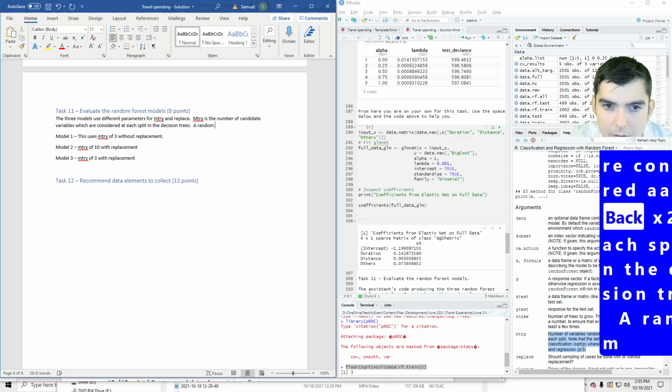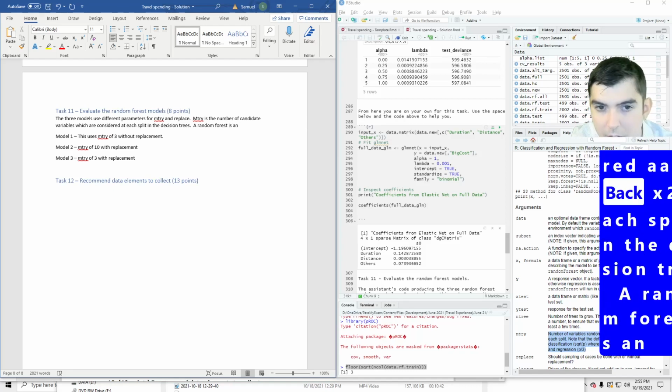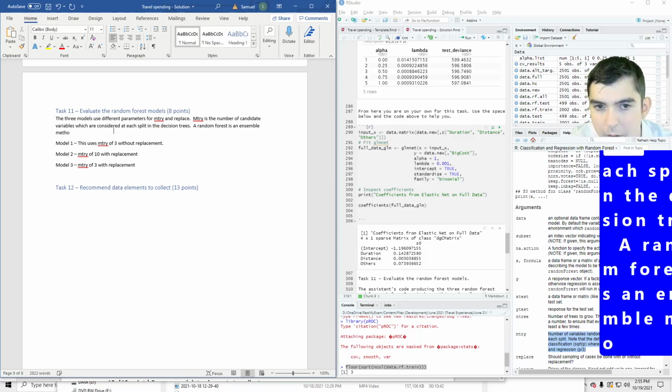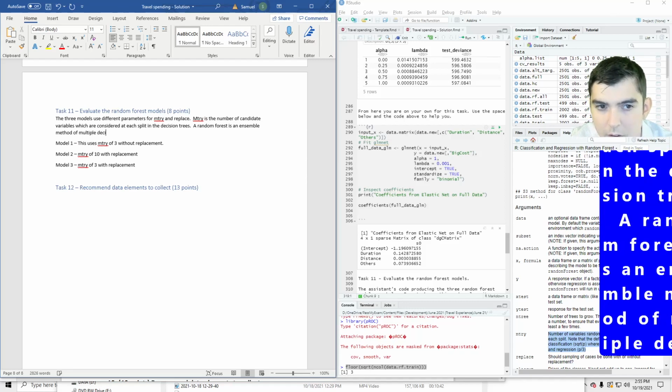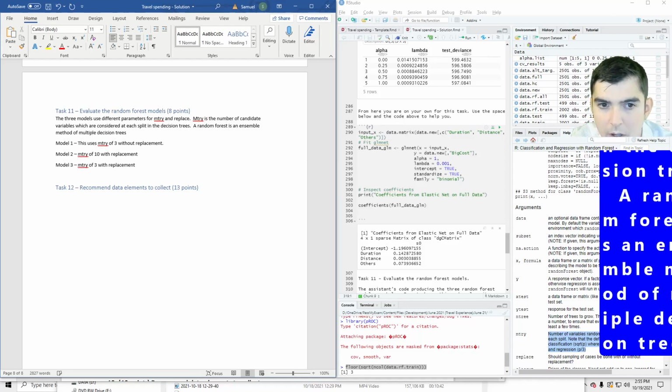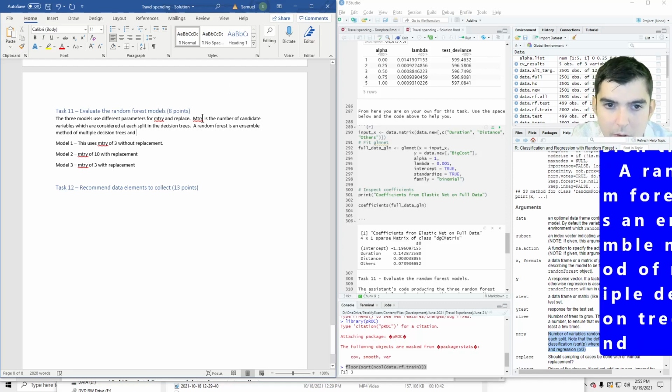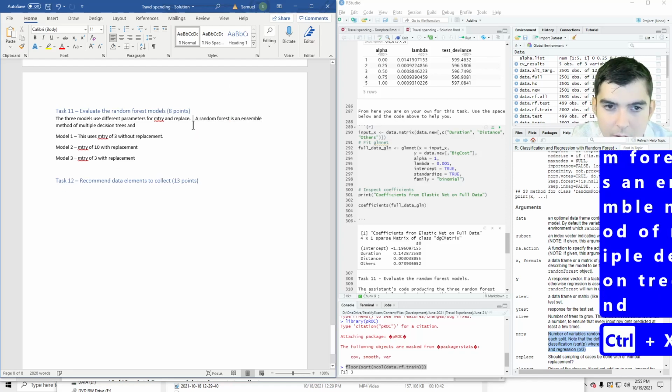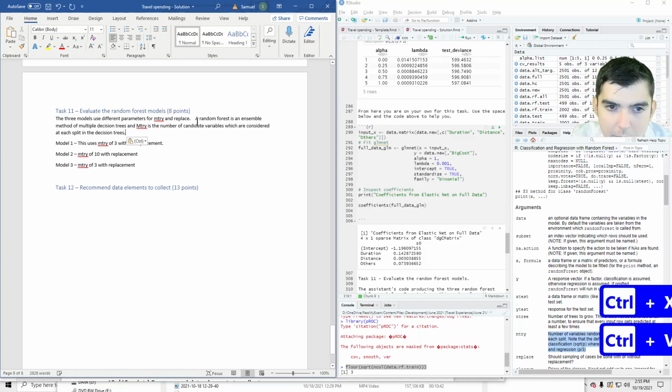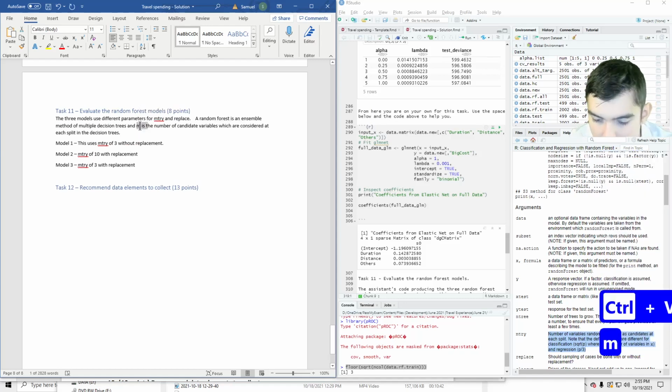A random forest is an ensemble method of multiple trees, and let's put these two sentences together. Random forest is an ensemble method of multiple decision trees, and mtry is the number of candidate variables which are considered at each split in the decision trees.